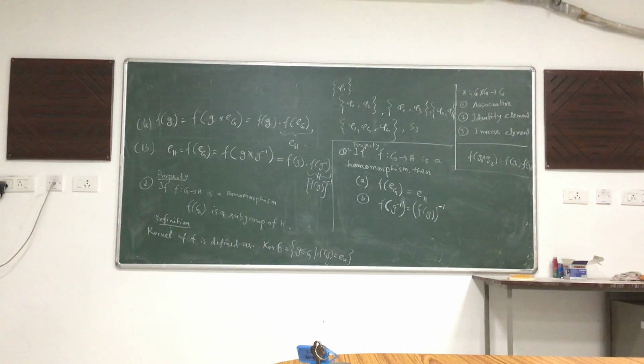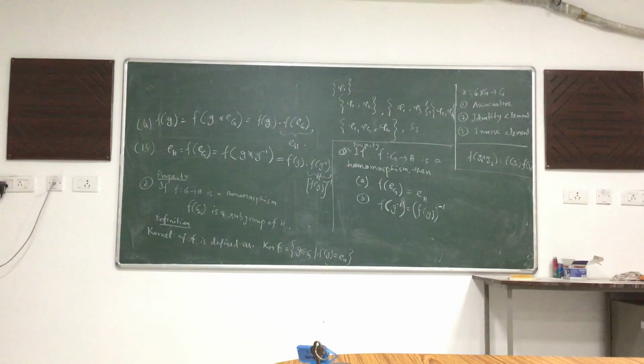I said if a function takes elements from G and puts them in H, f of G is always a subgroup of H. Not really. H might not have a binary operation defined on it. It can be any set without a binary operation.